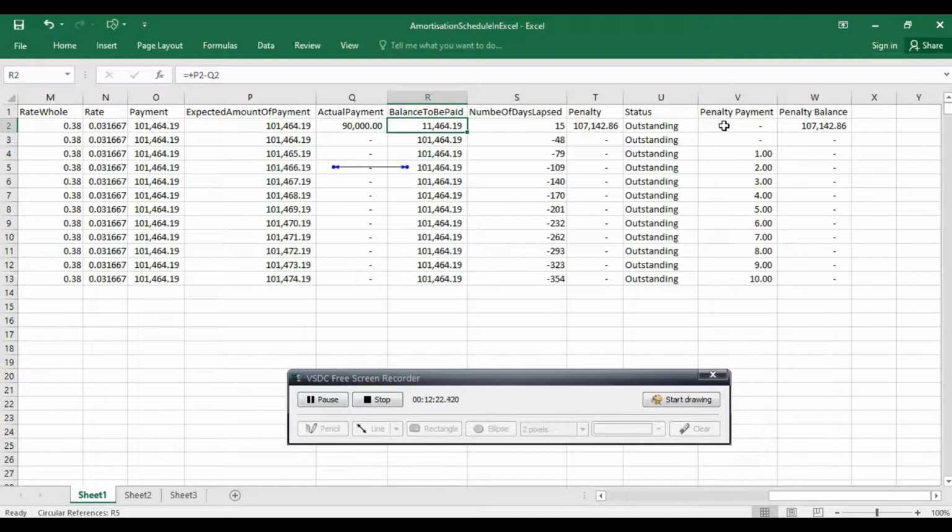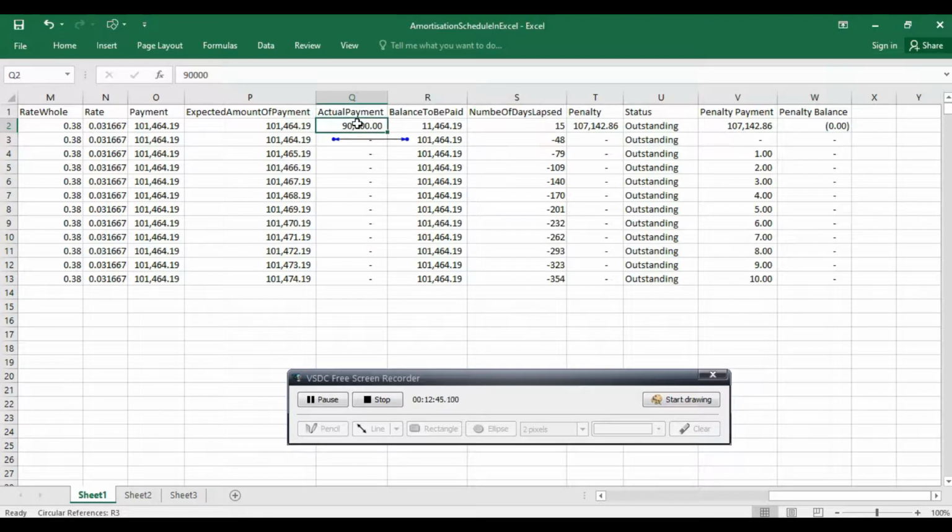Let us say you have paid the penalty of 107,142.86. Then the penalty balance is 0.